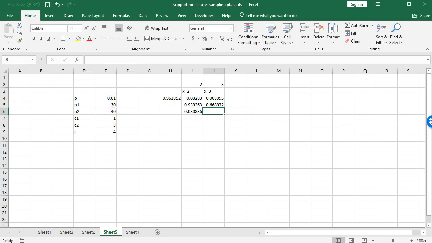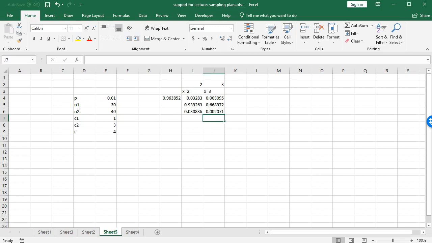Okay, now the joint probability of these two is the probability of obtaining 3 in the first sample times the probability of obtaining 0 in the second sample, and that answer is a small number, less than 1%.